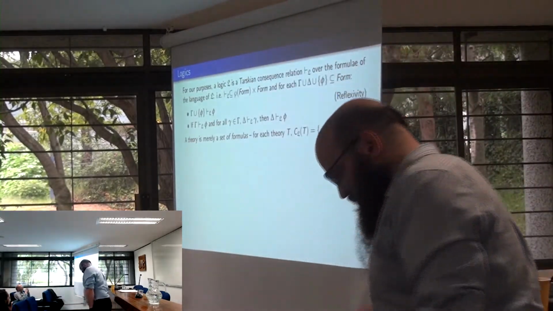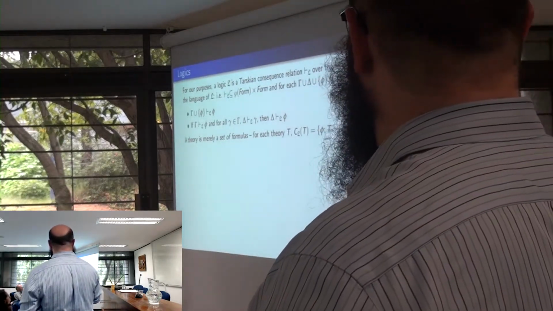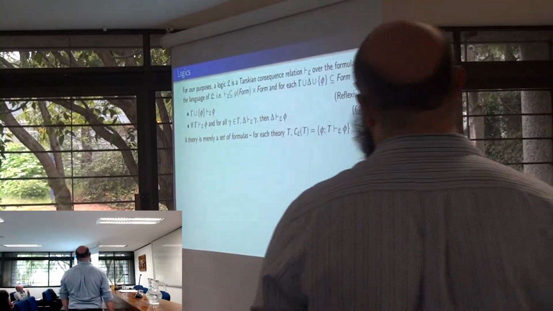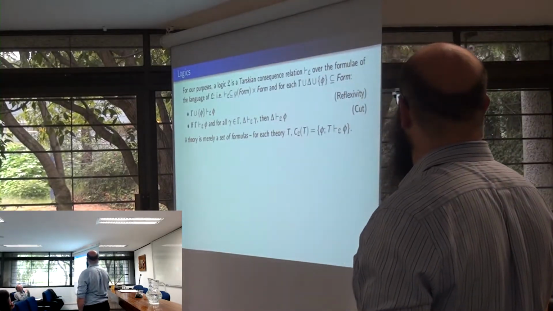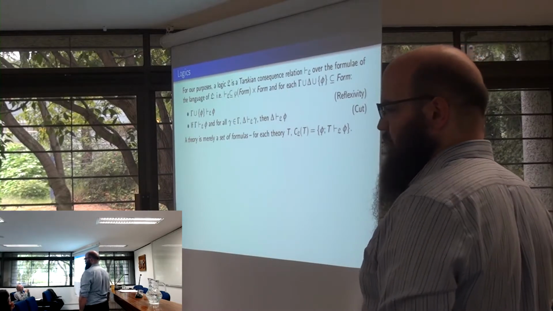For our purposes, and this is the sort of unusual bit, we're going to understand by the word theory merely a set of formulas. And we'll say that given a theory T and a logic L, the closure of T with respect to L will actually be the deductive closure.